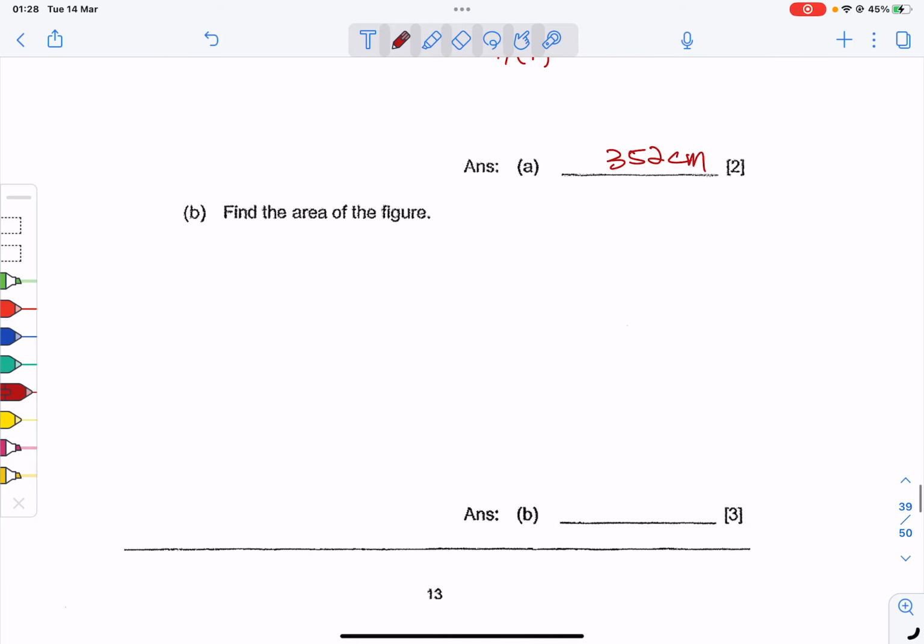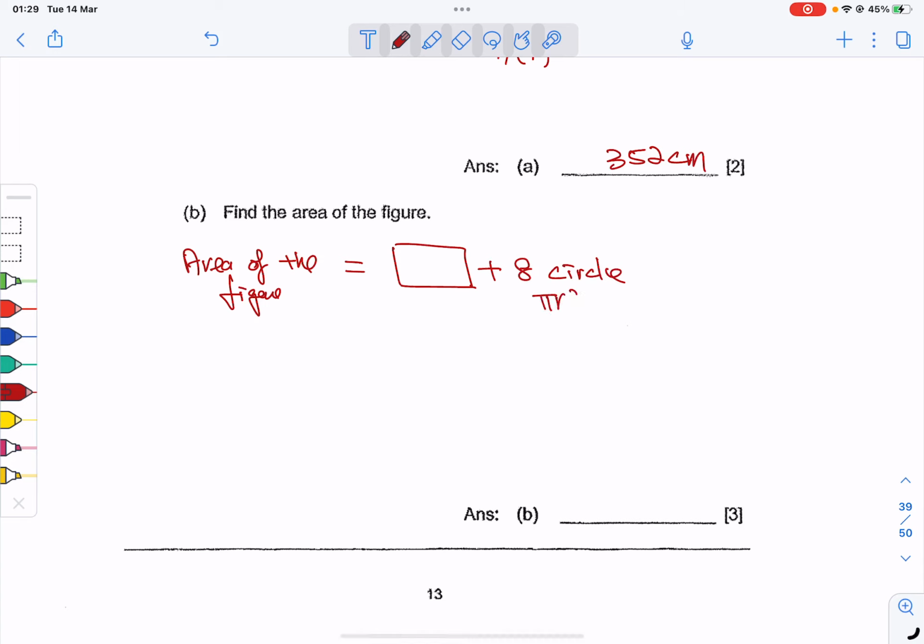So what we can do is area of the figure will be the rectangle plus 8 circles. 16 semicircles equals 8 circles. The formula we use is pi r square and r is 7. So we say 70 times 42 plus 8 times pi, which is 22 over 7, times 7 times 7.